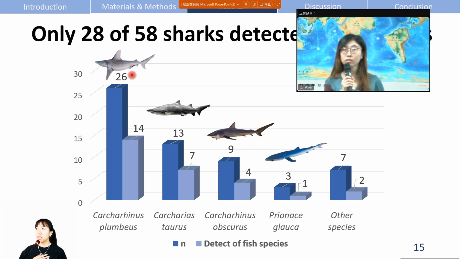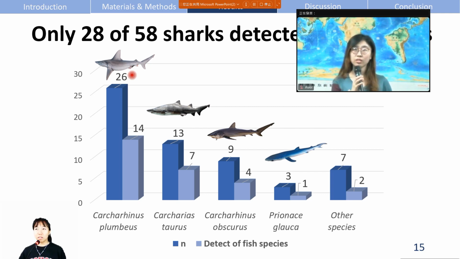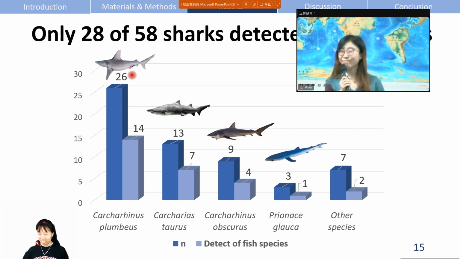In my opinion, yes, because I don't know why the sample is 58, but only 28 samples detect fish, and how about the other 30? So in my opinion, I think it will affect the results very highly. Yes. Thank you.